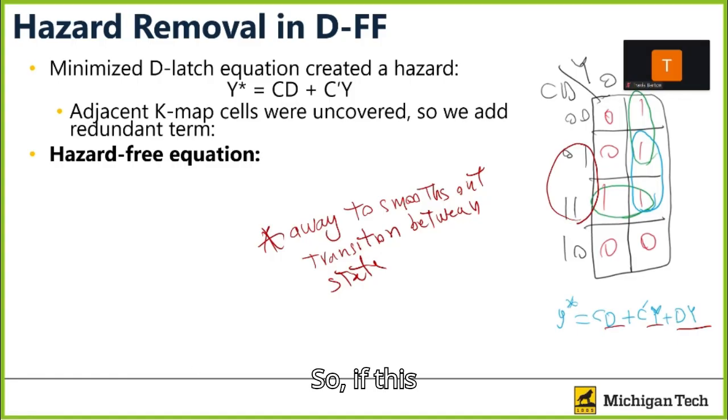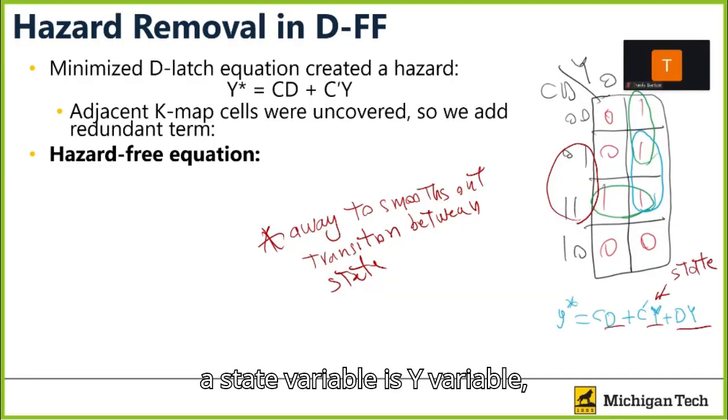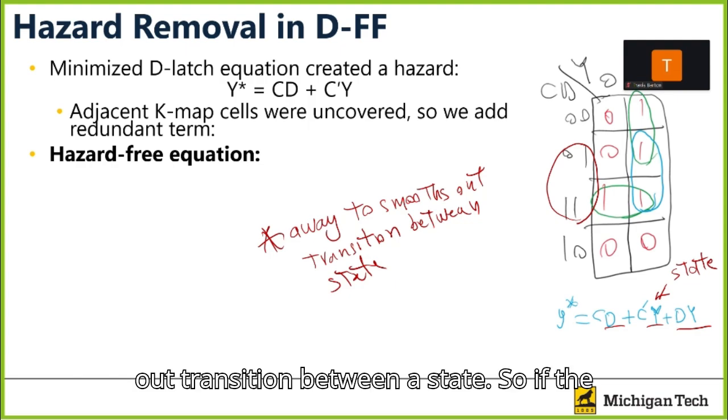The state variable is the Y variable. So adding this DY smooths out the transition between states.